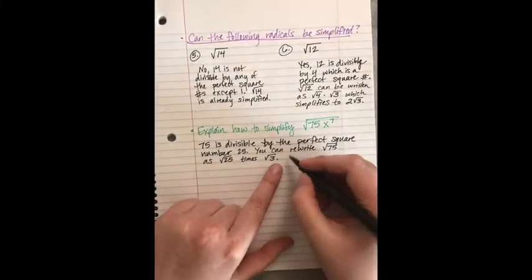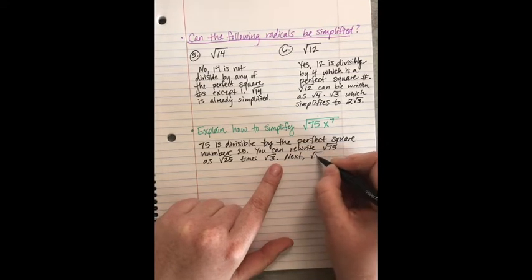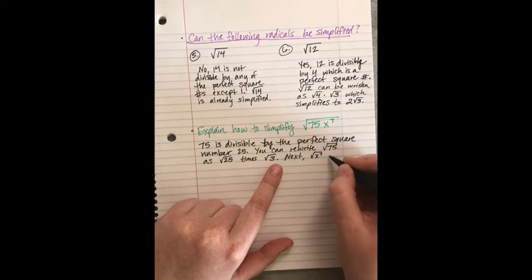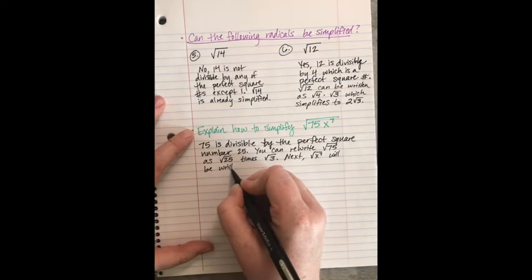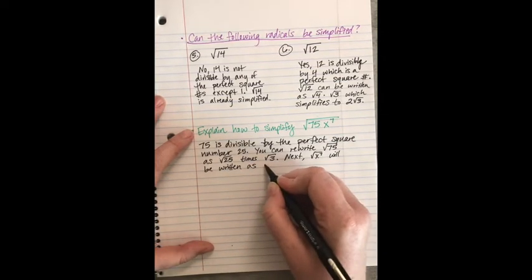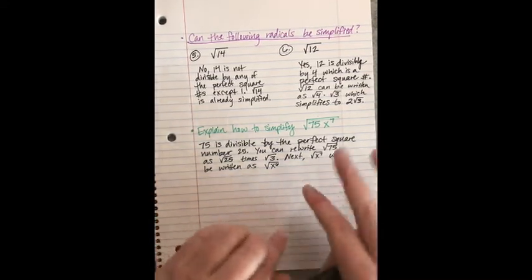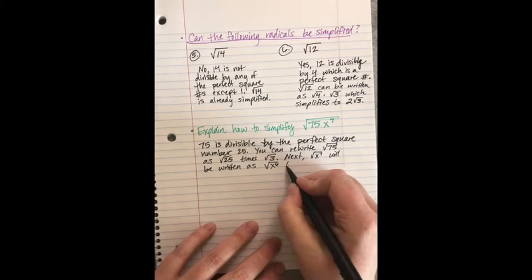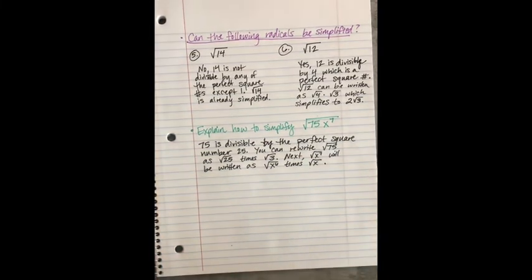So you might say something like, next, the square root of x to the 7th will be written as square root of x to the 6th, and remember you're typing all that, the square root of x to the 6th times the square root of x. Okay, so all of this is just we're breaking it down into a perfect square times not a perfect square.